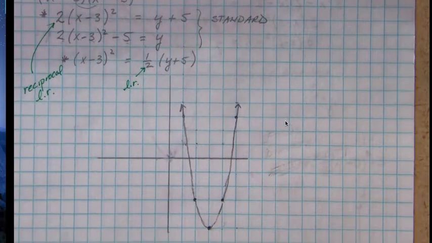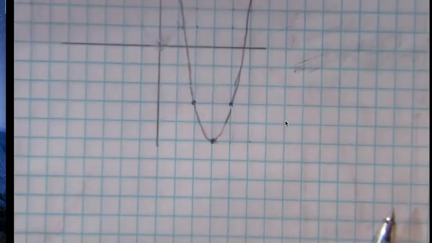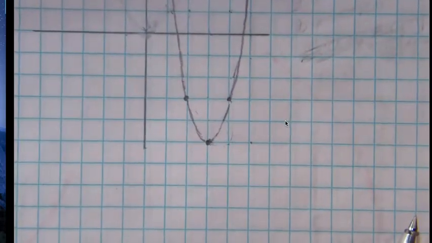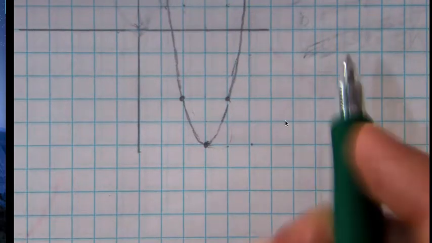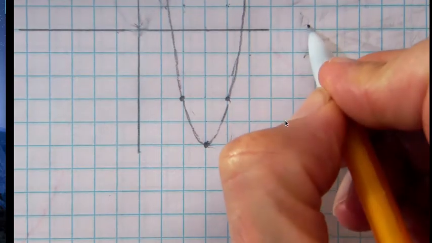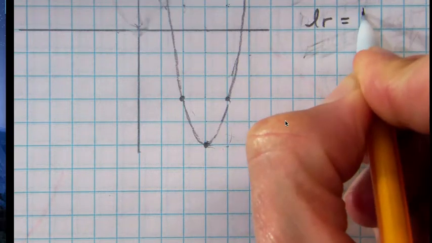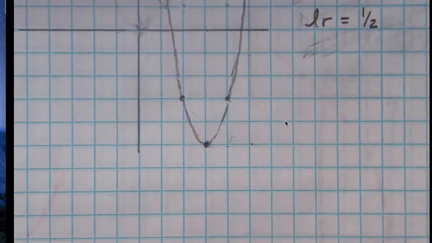So what I'm going to do is try to zoom in on this, and then we're going to try to figure out what all this means. Going across the focal chord, make a little note here. The length of the latus rectum is 1/2 unit.